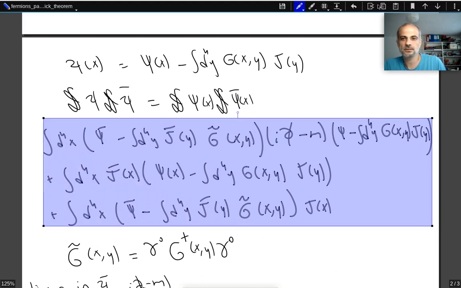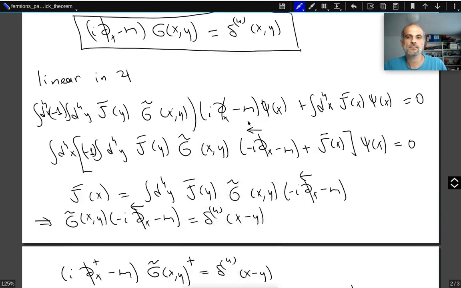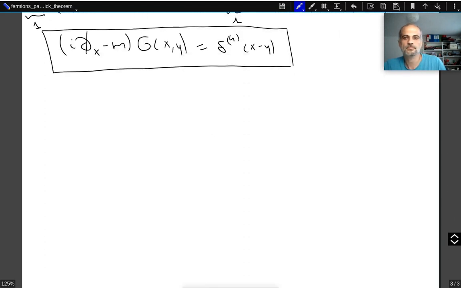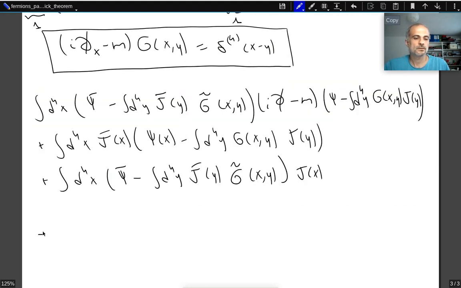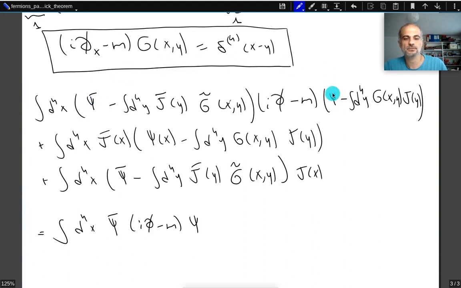Let me take all of this expression. Terms that are not linear in psi: ∫d⁴x ψ̄(i∂̸ − m)ψ. So this is this term and this term.